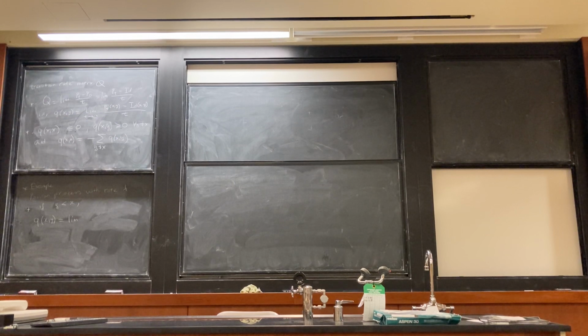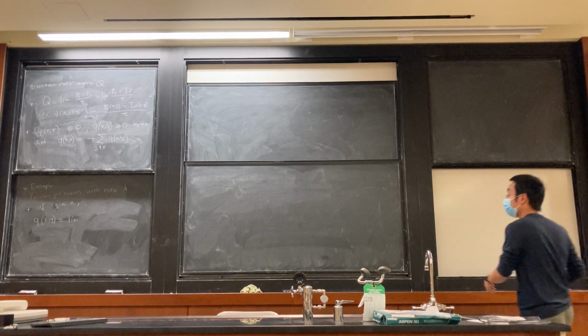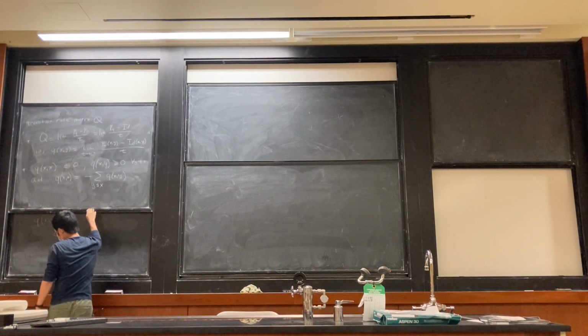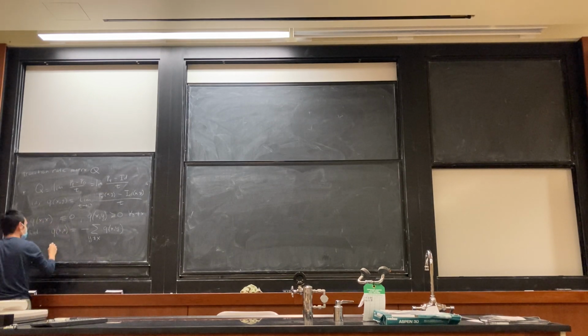Why can Q_XX be negative? You say that Q_XX is less or equal to 0? Yes. So this is because in the finite state space, you think about you have P_t(x,x) minus the identity matrix evaluated, and this is 1 over t.